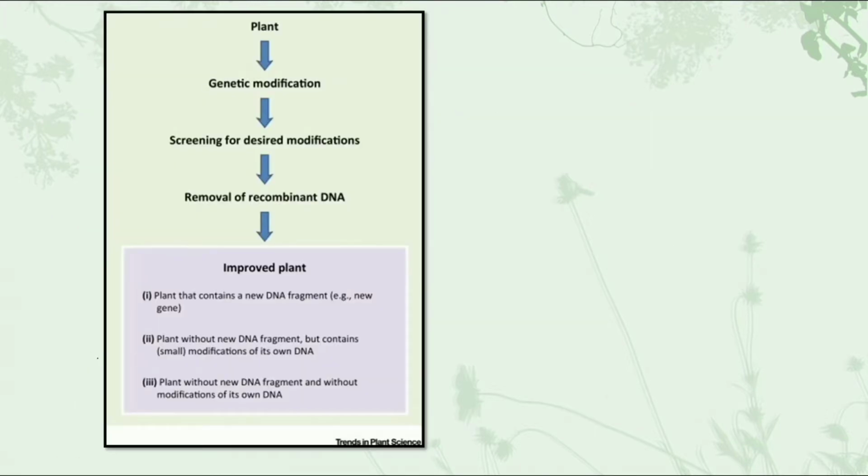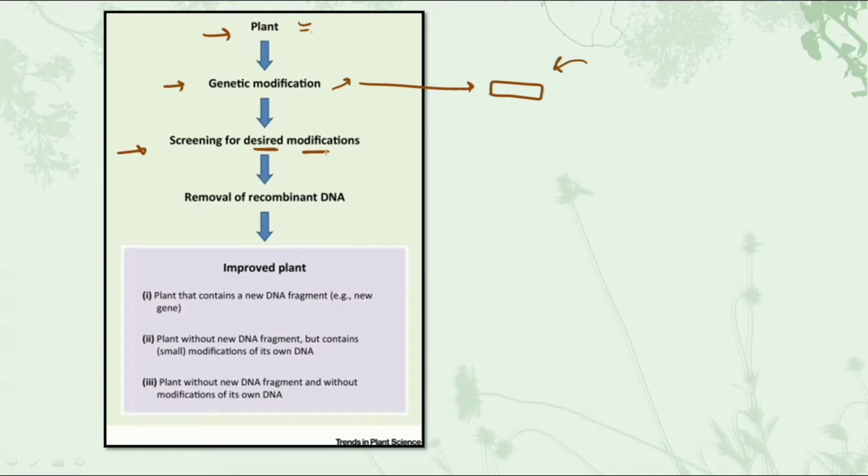Now let's discuss how the complete plant breeding process occurs. We have the plant that we are targeting. Then genetic modification of the plant occurs, depending upon which gene we have targeted or want to modify or modulate according to our needs. After the genetic modification, we have the screening for the desired modifications.